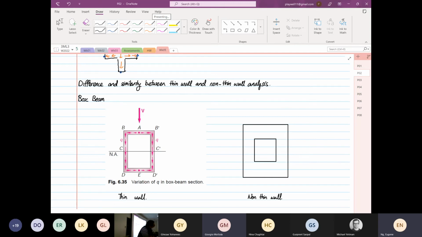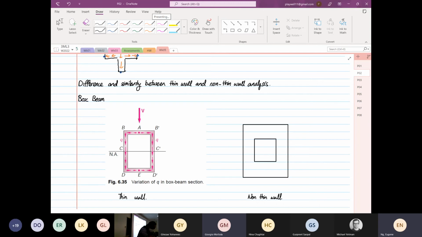In reality, you have to check. How do you check? If you're not sure, you calculate both non-thin wall and thin wall analysis, and you quote the higher value. Does that make sense? Yes, sir. But for this course, because you are learning the fundamentals, I will tell you when it is thin wall and when it is non-thin wall analysis.